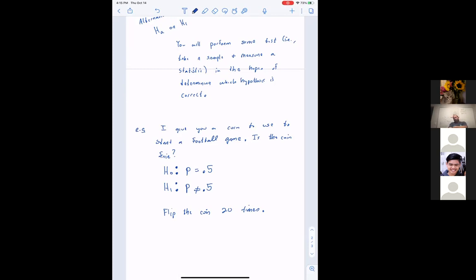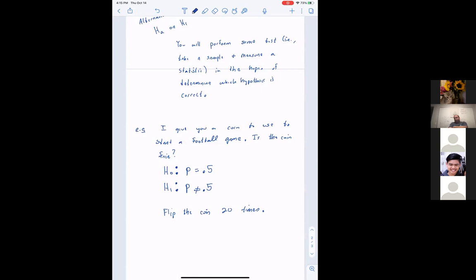So I ask again, would you have any reason to doubt the coin's fairness? No. Have you concluded that the coin is fair? Yes. Well, so here's the thing. In stats, we don't conclude anything. In stats, all we have are data which either support one claim or support the other claim.